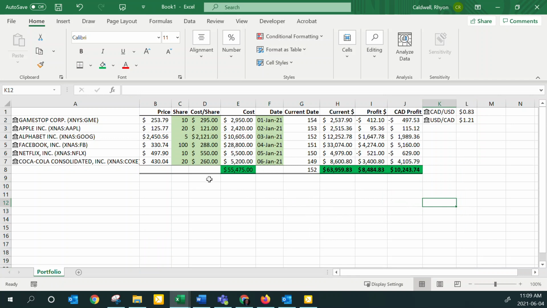Visualizing data means you take this information and look for the data points that you want to represent. I really like this Canadian value right here. Since we're in Canada and these are all American stocks, they have to be purchased with US dollars, but I want to translate that into Canadian dollars, and that's what I want to visualize.